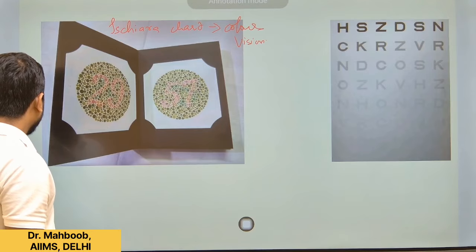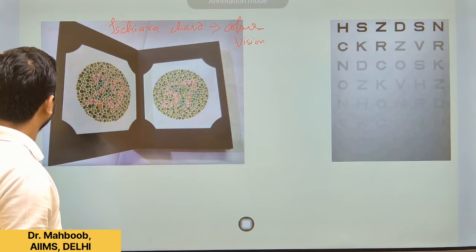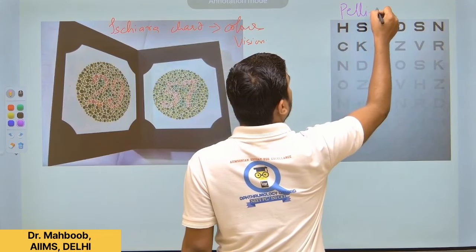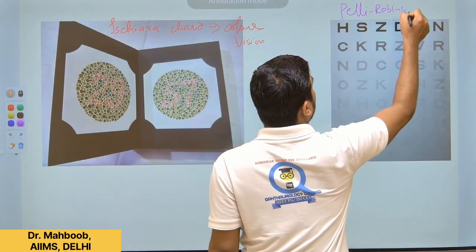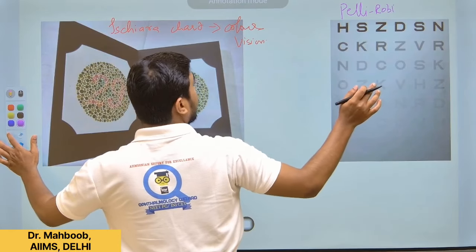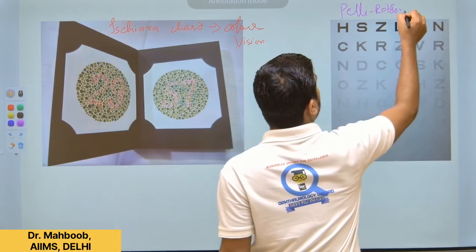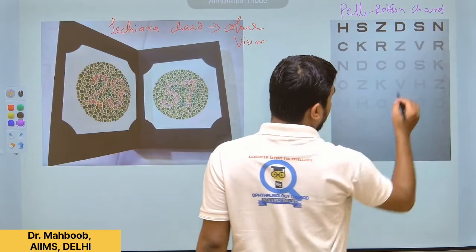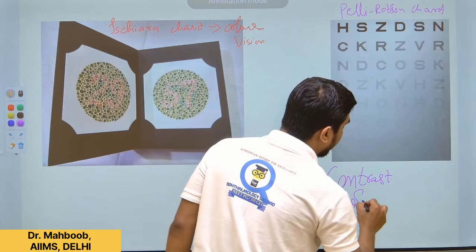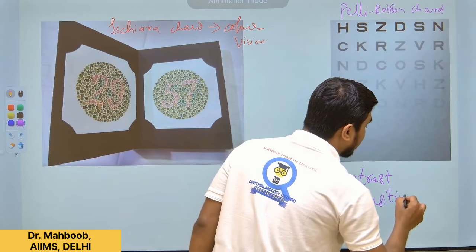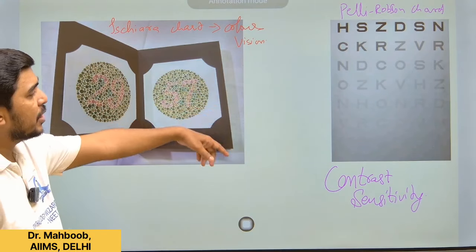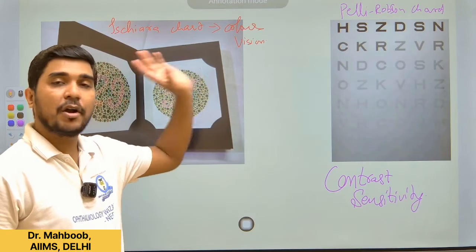When you see this type of image, this is called the Pelli-Robson chart, and this is for contrast sensitivity. This is to check the contrast sensitivity. Understood? This is the Ishihara chart for color vision. That one is the Pelli-Robson chart for contrast sensitivity.